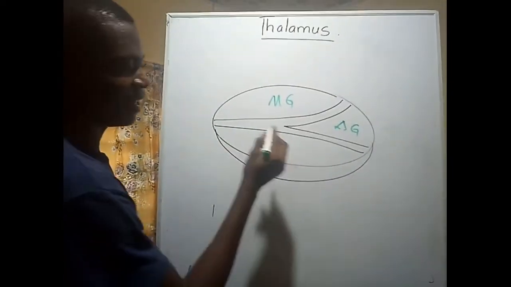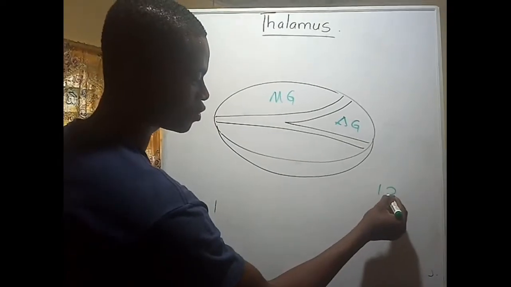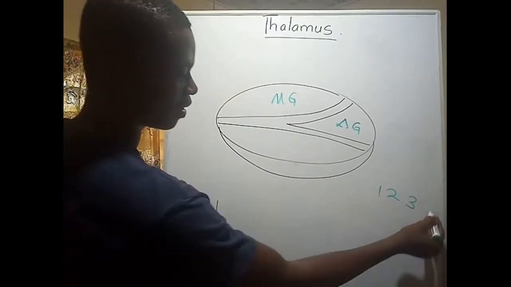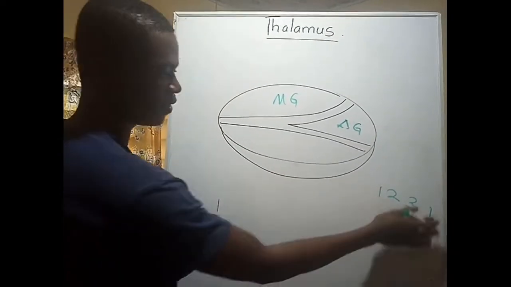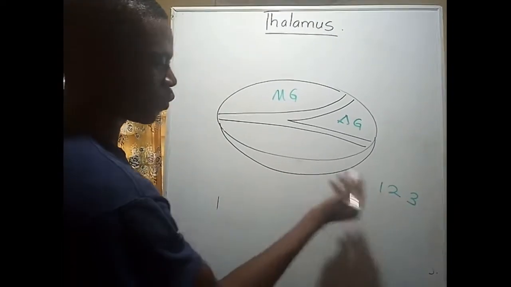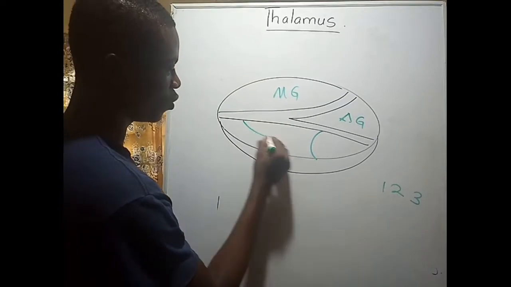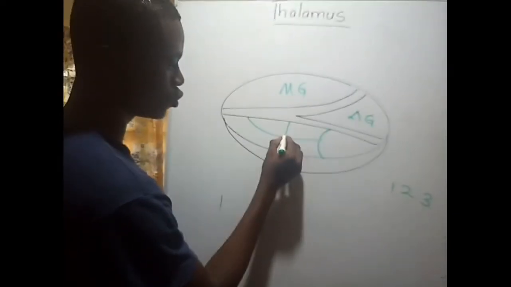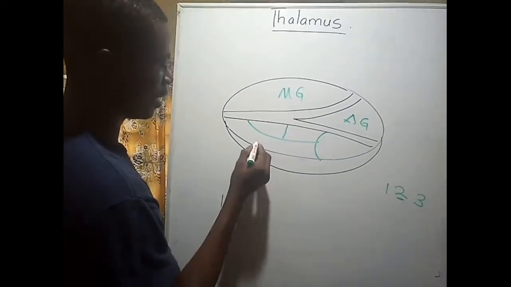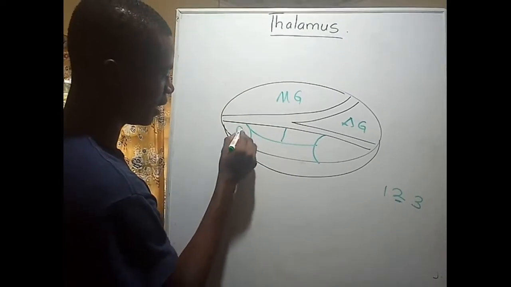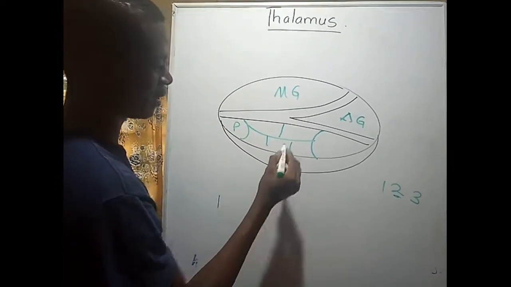And then remember 1, 2, 3. One posterior, which is the pulvinar. So 1, 2, 3, let's go. We have a dorsal group which is divided into 2, and then we have a ventral tier, so we have the pulvinar here.